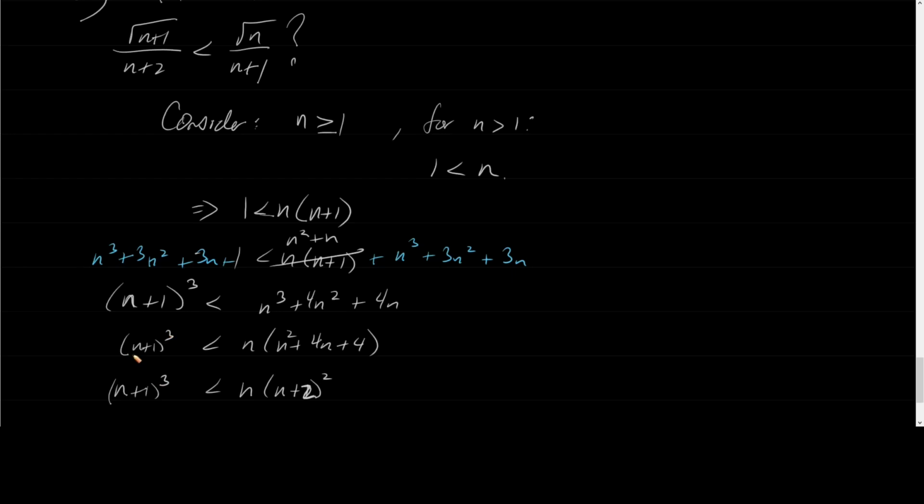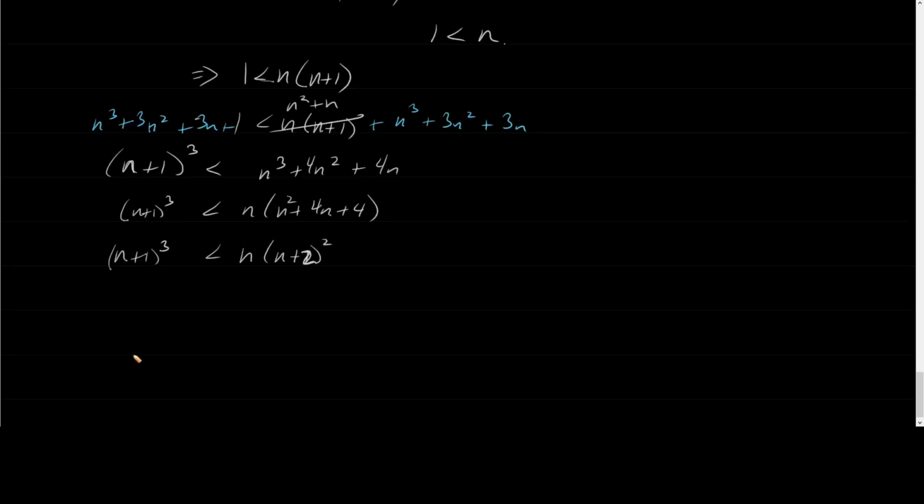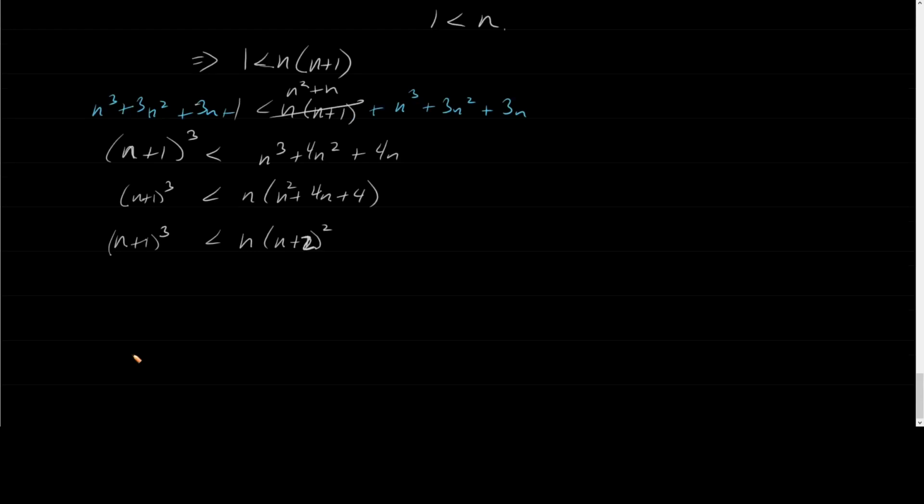Now, from there, what we can do here is take the square root of both sides. So from here to here, we take square roots, and we have n plus 1 to the 3/2 is less than the square root of n times n plus 2, because I'm taking the square root of everything here.